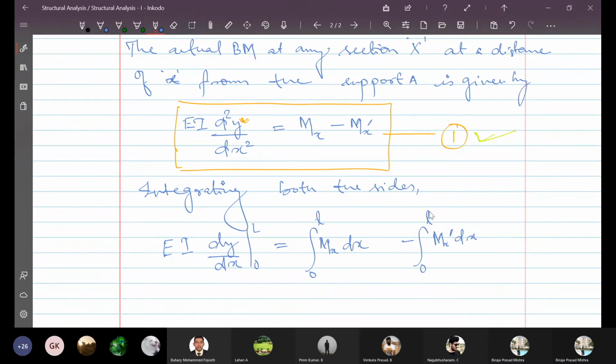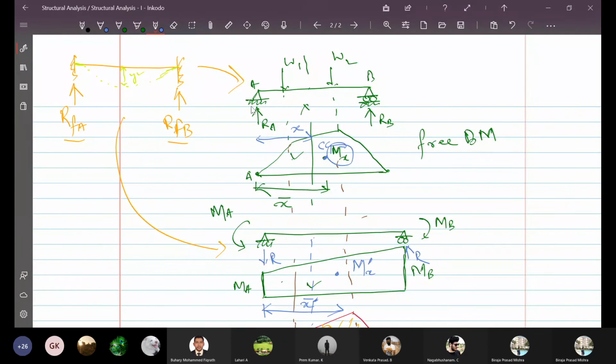Now what is this dy by dx? So dy by dx is the slope. At x equals 0, the slope will be 0 here.